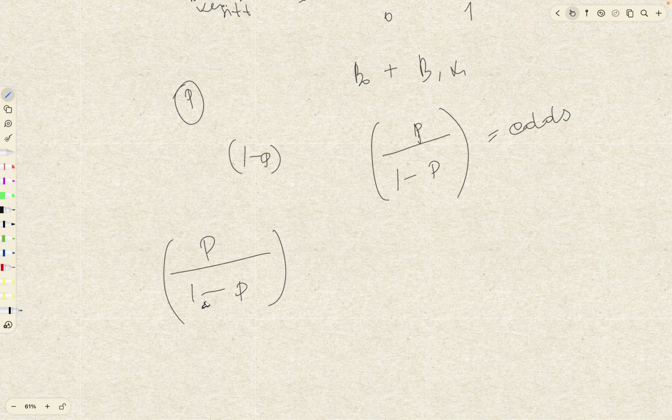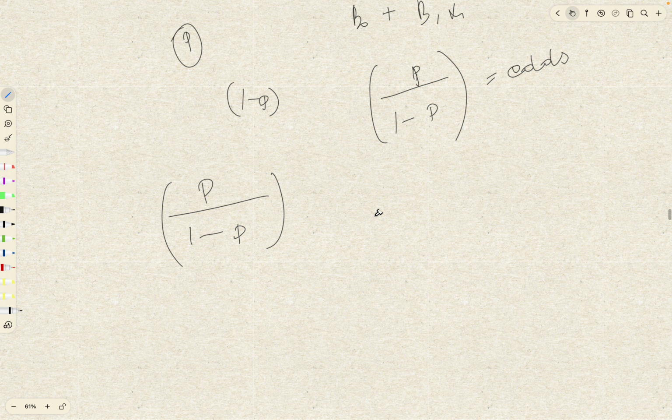But still, this function gives us a value between 0 and plus infinity, if I'm not mistaken. Yes, between 0 and plus infinity. But we need something that gives us any value, like linear regression, because we try to find something where the relationship between the weight and the probability is linear.